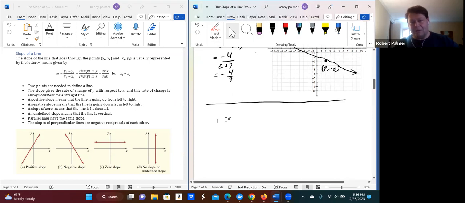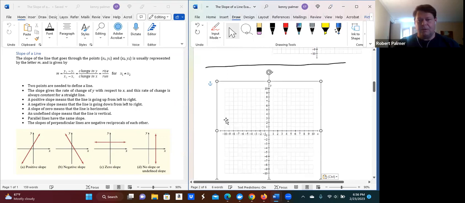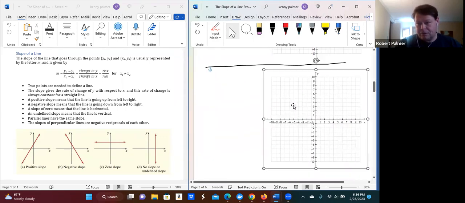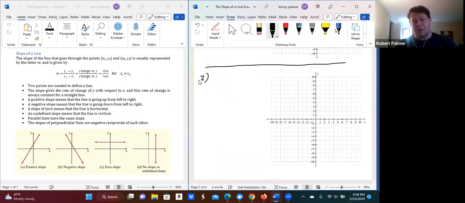Perhaps I can. I'd like to do another example right below it. Yeah, I can. Good. Number 2, let's take a look at this. This time, my 2 points are going to be 2, -1, and 5, -1. Okay, so 2, -1 is right here, and 5, -1 is right here.